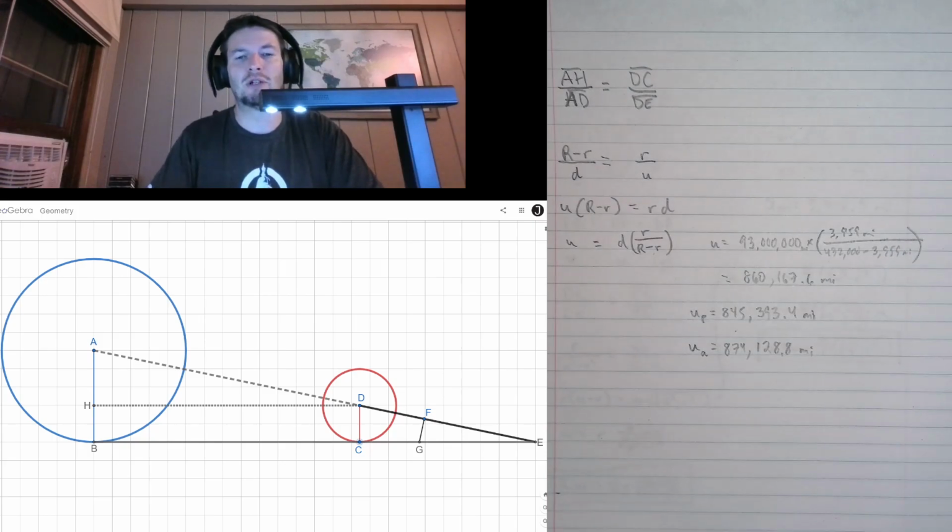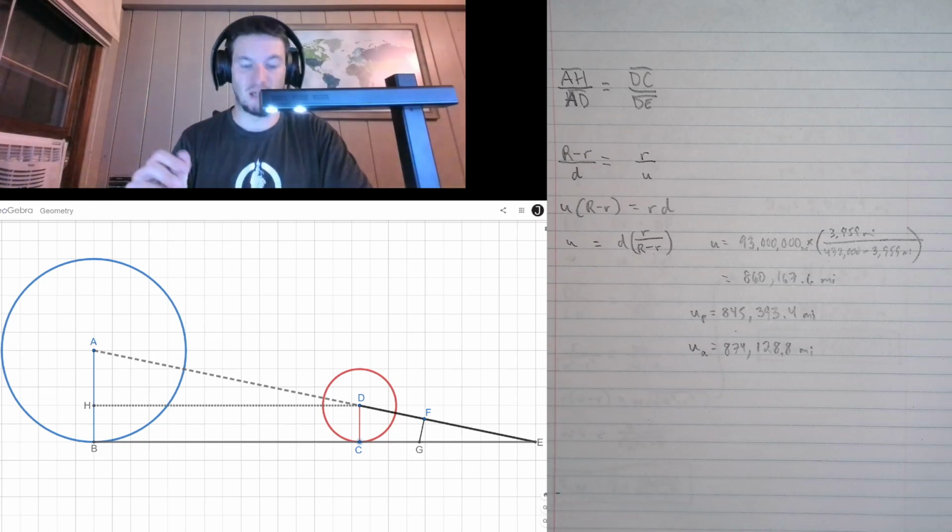The trigonometric trick here, we're only barely going to use trigonometry for it. But it's basically realizing that point E is the point such that the angular size of circle D is equal to the angular size of circle A. So the angular size that we're going to use here is the sine.